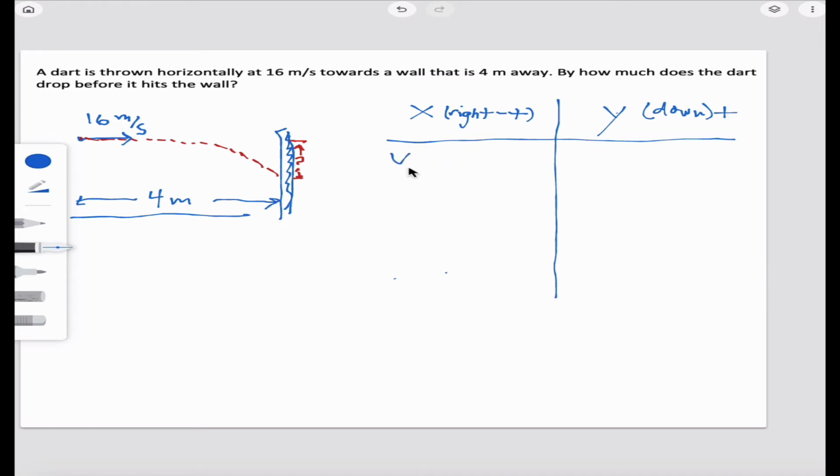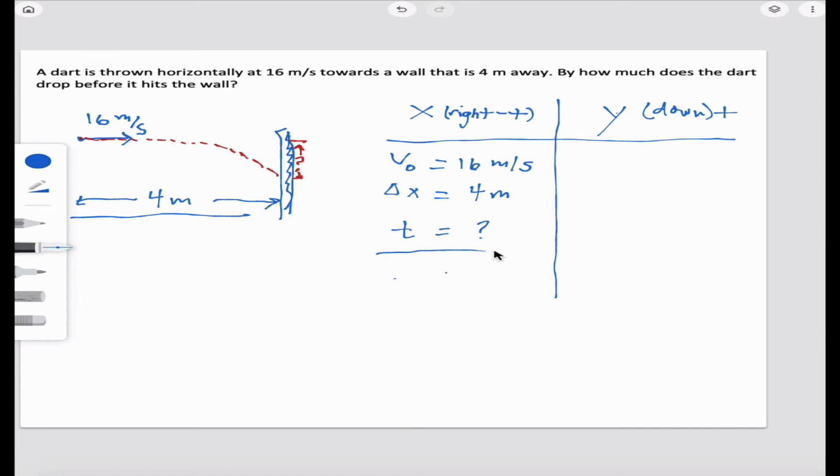For our initial horizontal velocity, we're given 16 meters per second. And we're told that it has a horizontal displacement of 4 meters. And that's all we're given. We can list time as an unknown, although it's not specifically what we're looking for in this case.